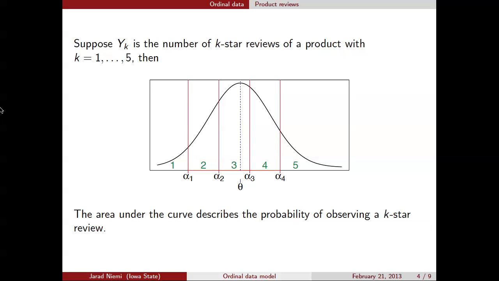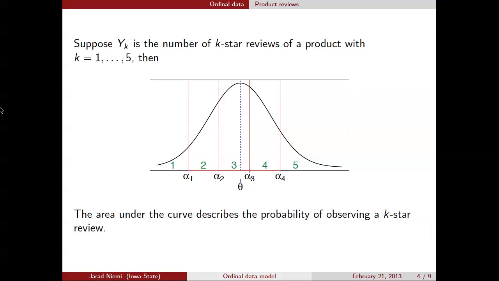So just for the purpose of making the picture, these alphas are equally spaced, but that's certainly not a requirement. For instance, people have remarked in the past that in these Amazon ratings you often see the extremes. You see lots of 5-star and lots of 1-star ratings, but not as much in the middle, in particular not too many 3-star ratings.